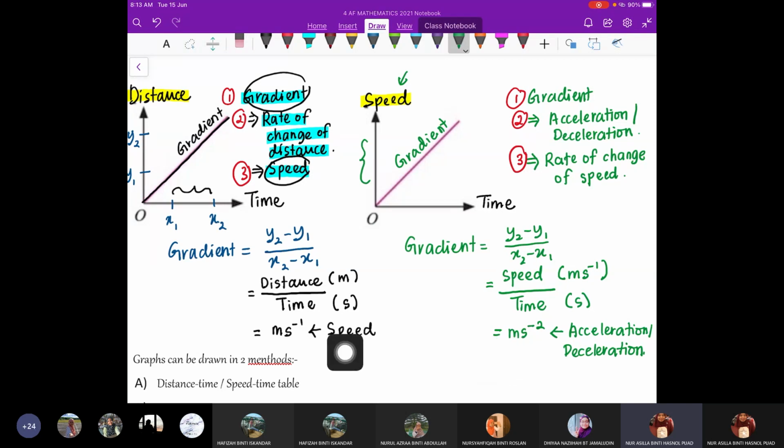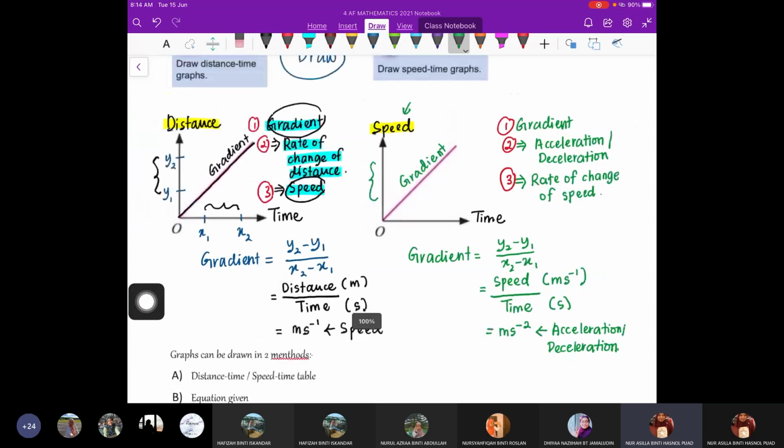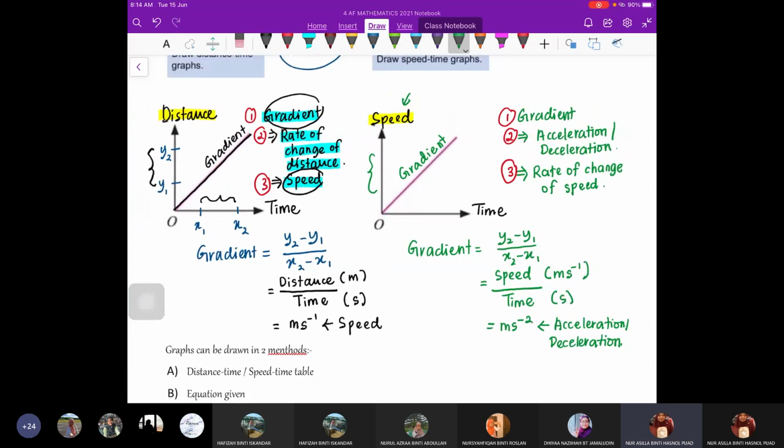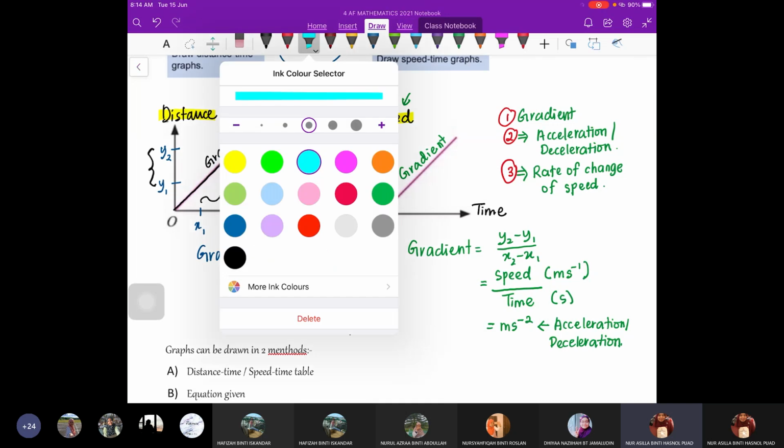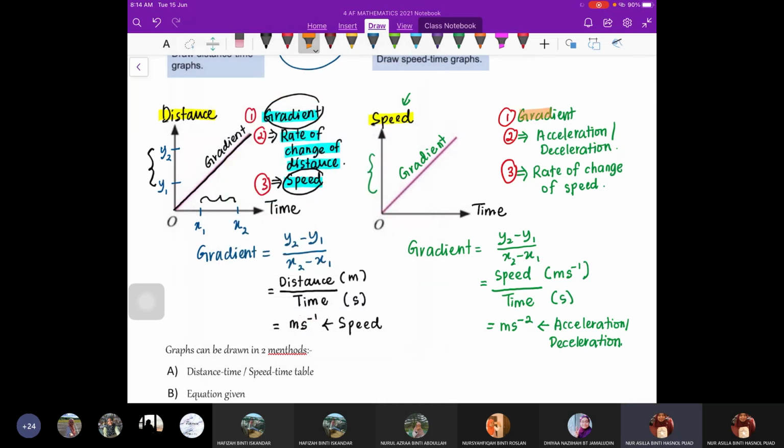Kalau dia punya time, dia punya index tu negative 1 only, then it is a speed. Okay, cara nak membezakan nilai tu sama ada di speed atau acceleration, you just see the unit. Okay, itu sahaja. So these two are the differences between distance time graph and speed time graph. Jadi kena alert on the term that they are going to use.